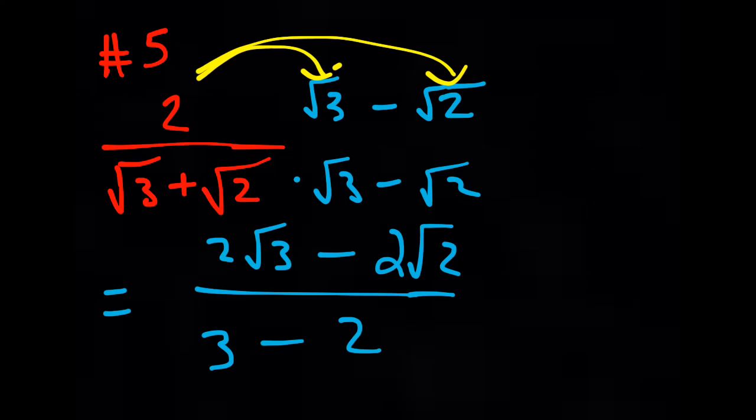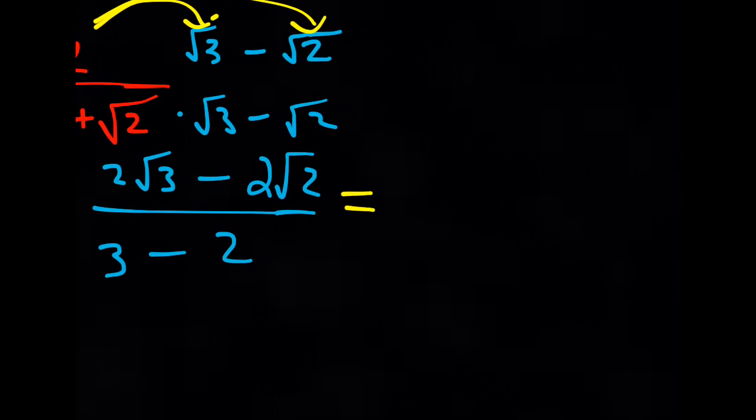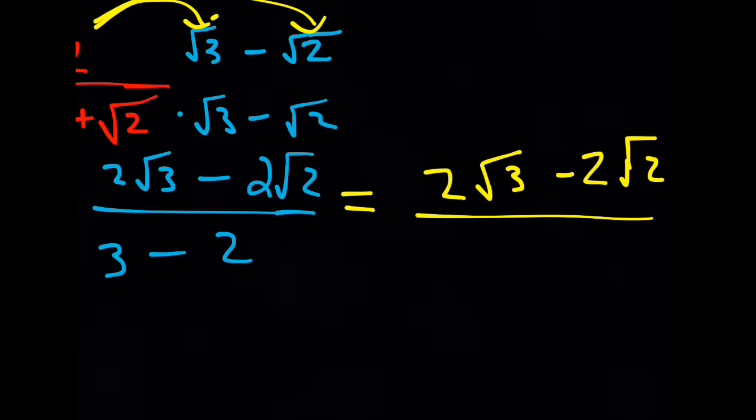And since this is positive and this is negative, there's a minus in the middle. Then from here, I can't combine the top numbers together. And then 3 minus 2 is 1. So do we really have to put the 1 there? No. So this is my final answer.